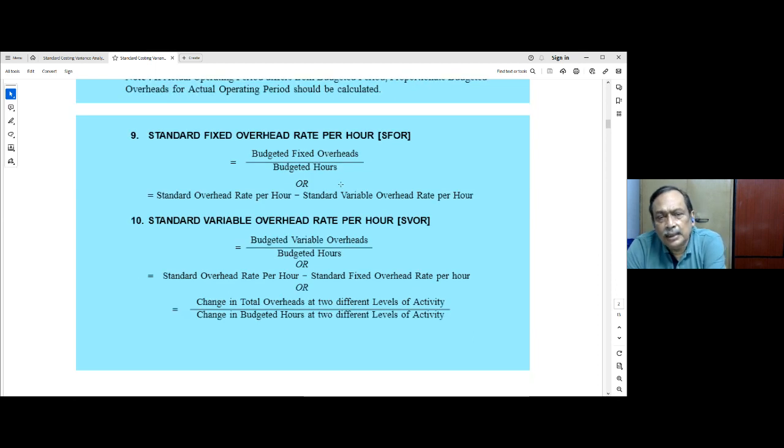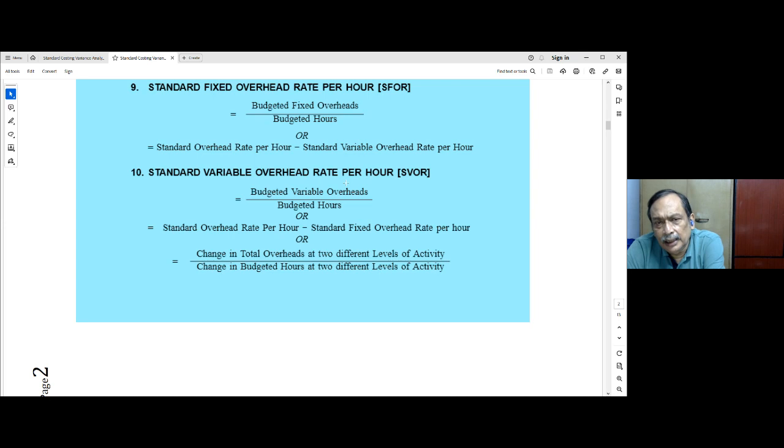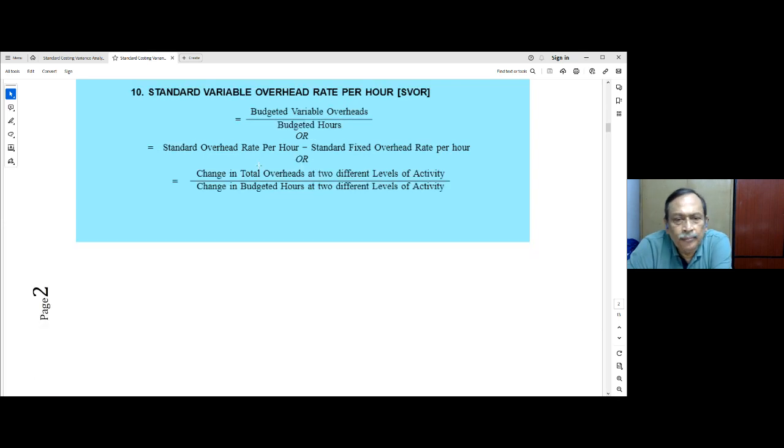Again, standard variable overhead rate per hour, SVOR, we get as budgeted variable overhead divided by budgeted hours, or standard overhead rate per hour minus standard fixed overhead rate per hour, or change in total overheads at two different levels of activity divided by change in budgeted hours at two different levels of activity.